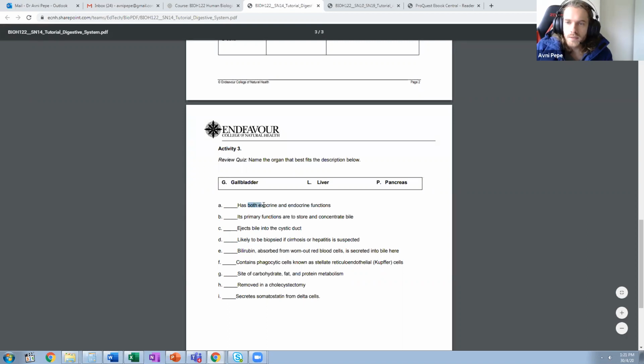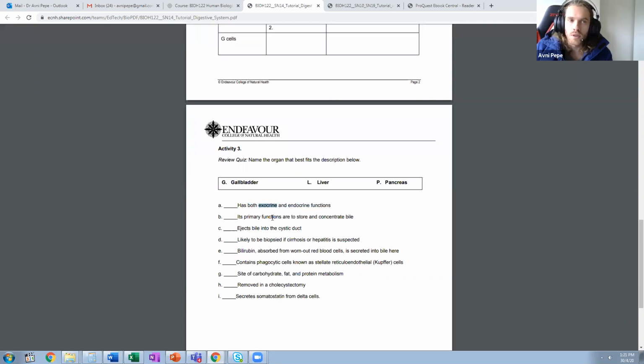So what has both an exocrine and endocrine function? That is, what releases onto the outside of the body, but also releases hormones onto the inside of the body. We have talked about this one before. That's the pancreas. The pancreas releases enzymes into the gastrointestinal tract.